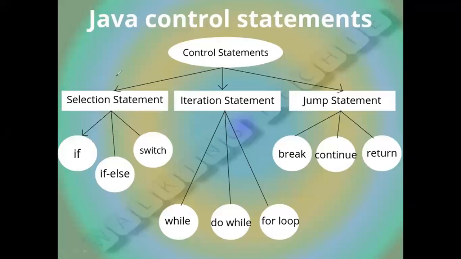Selection, for example, means if there are two blocks of code, depending upon a condition, if the condition is true, we want to execute the first block, and if the condition is false, we want to execute the second block.